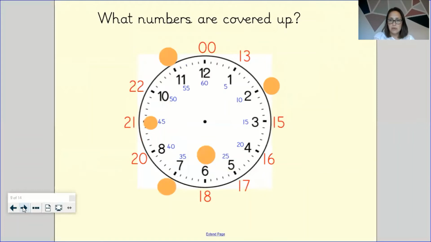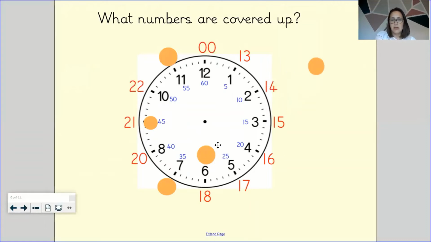Okay, pause and have a look what numbers are covered up. Okay, so I'm just going to go through them. Hopefully you've worked them all out while I was paused. So let's start at 00, come round, 2 o'clock, the 24-hour time for 2 in the afternoon is 14.